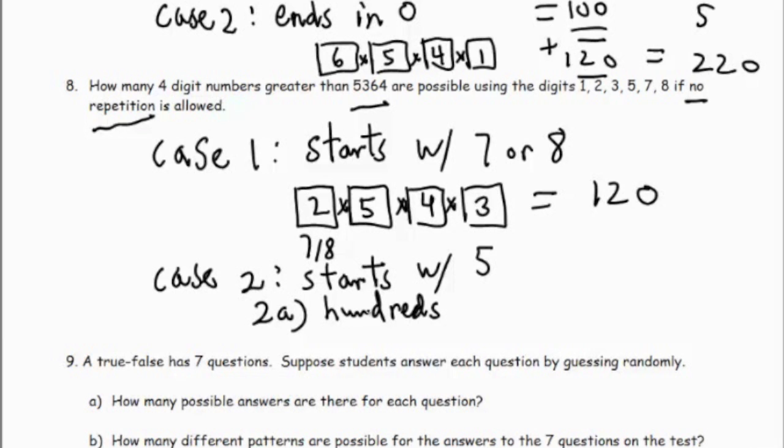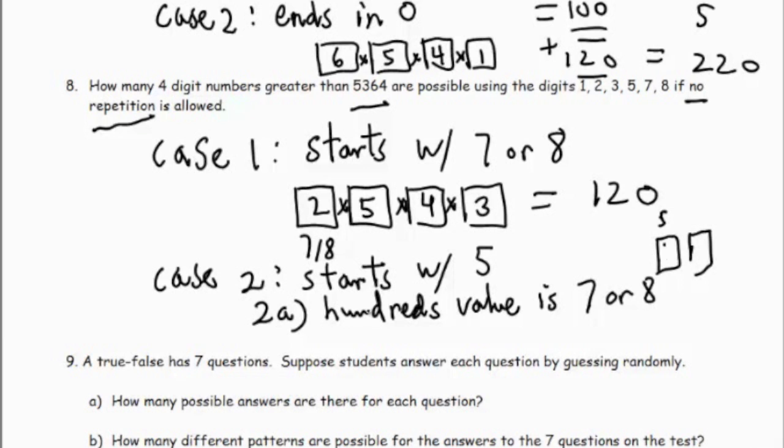So we're going to say that the hundreds value is 7 or 8.